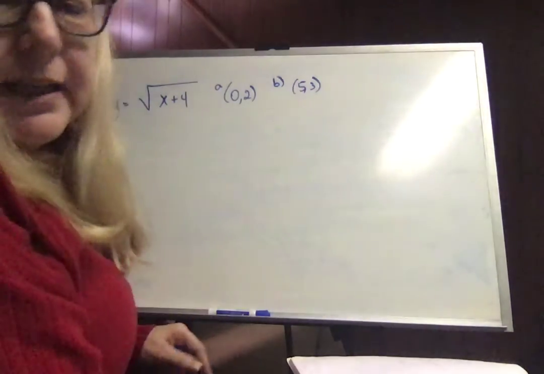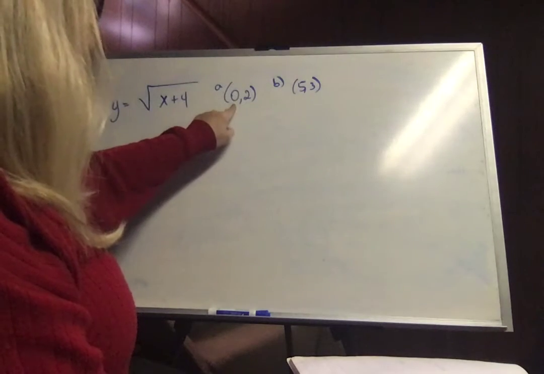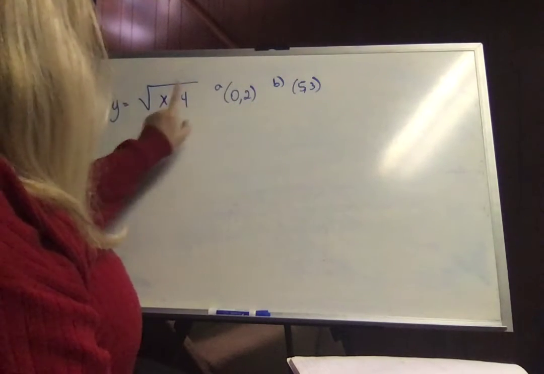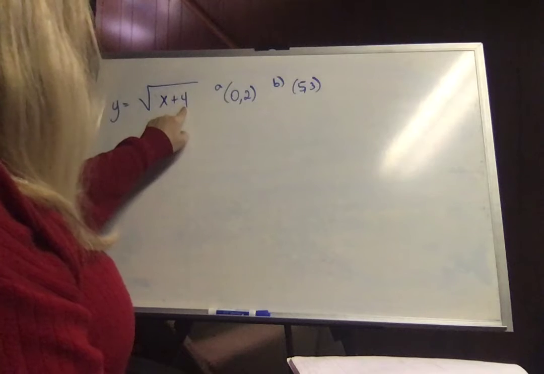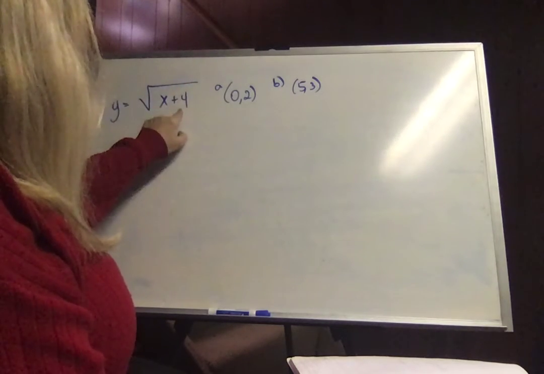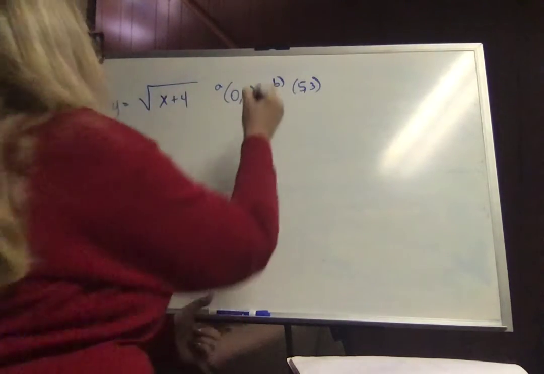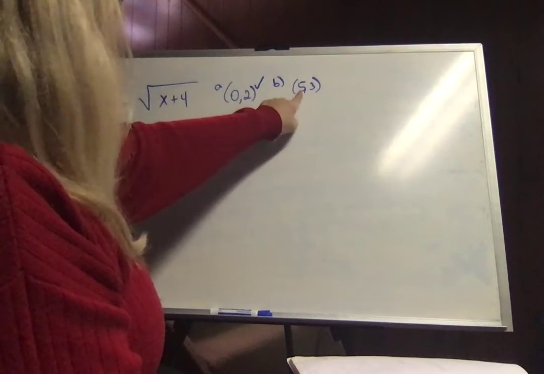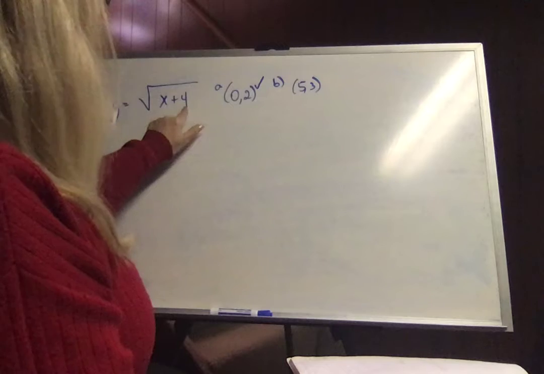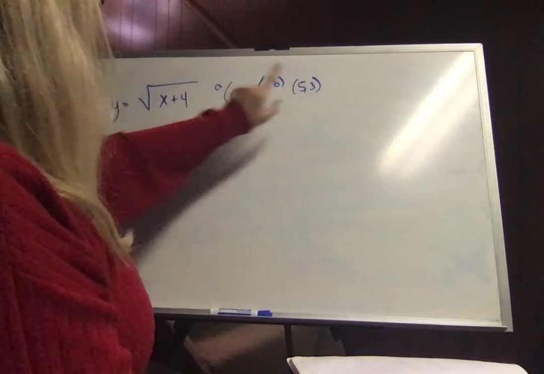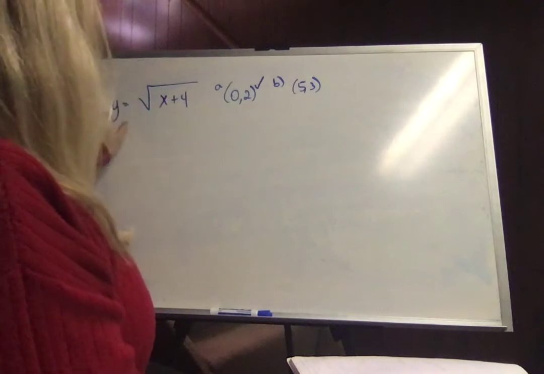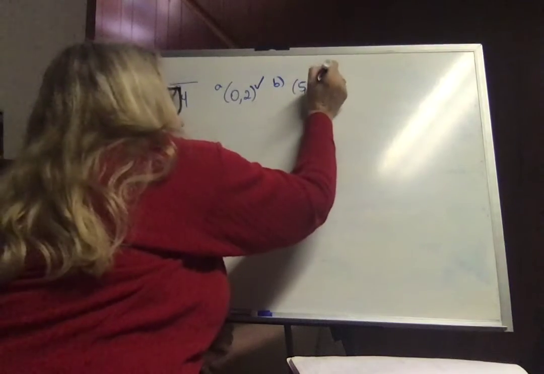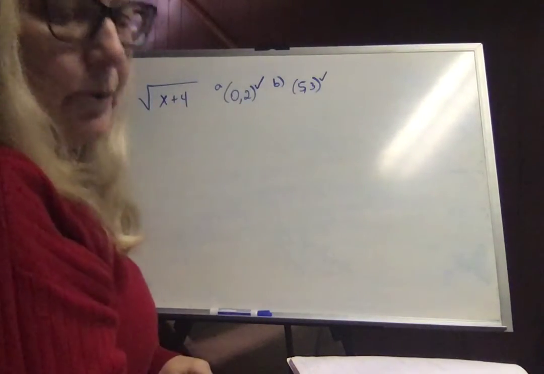They want you to check it out. 0 is the x, 2 is the y. So 0 plus 4 is 4. Square root of 4 is 2. A is on the graph. For 5, 5 plus 4 is 9. Square root of 9 is 3. That is on the graph.